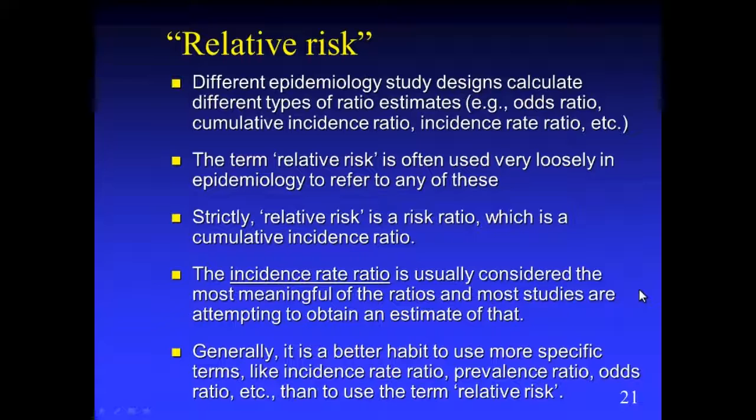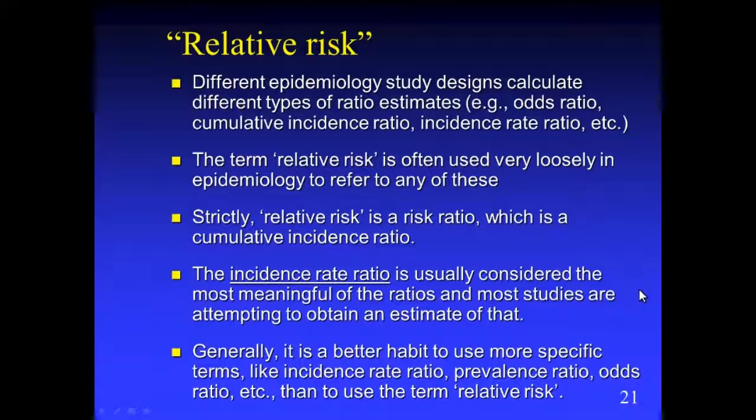So if we can get the data to measure it, the incidence rate ratio is the best one to have. It's the most meaningful and most valid. And really, in most other studies, when we calculate a cumulative incidence ratio or a prevalence ratio or an odds ratio, but we'll be talking about odds ratios when we get to case control studies, because they're particularly relevant to case control studies.